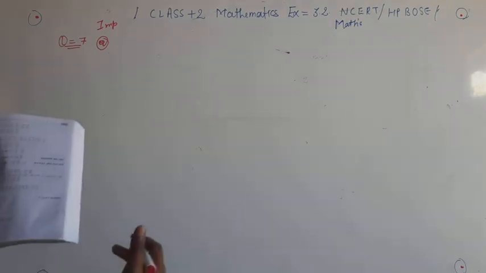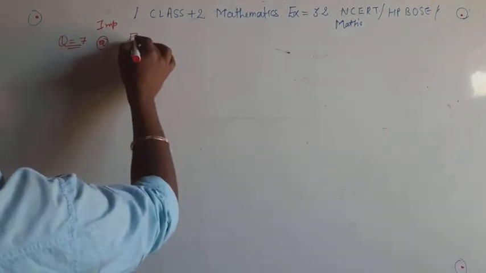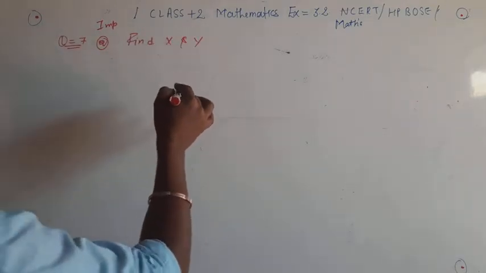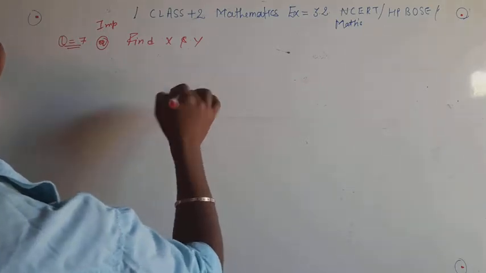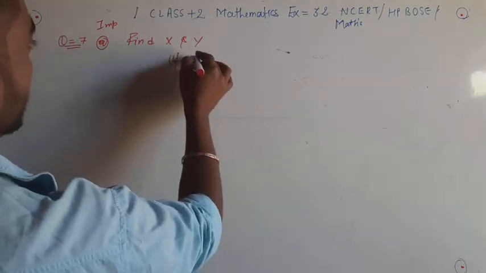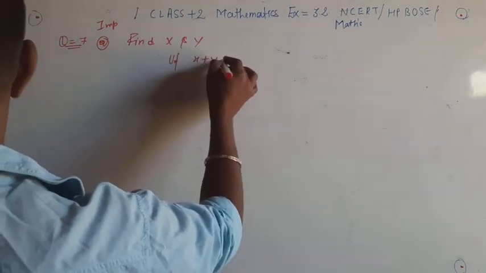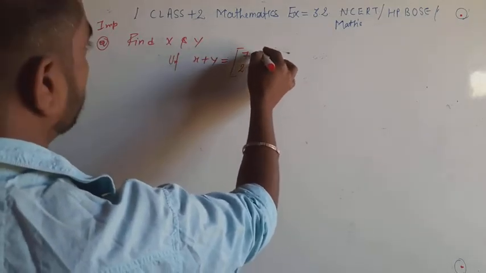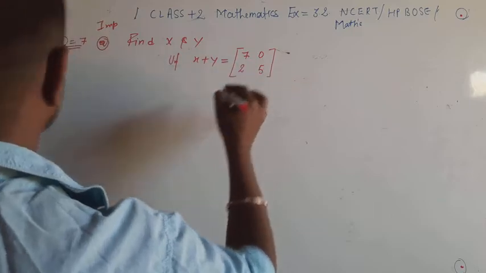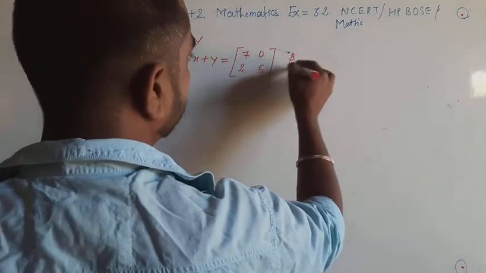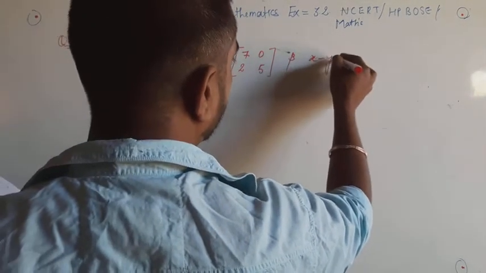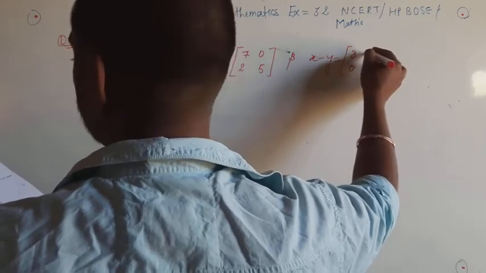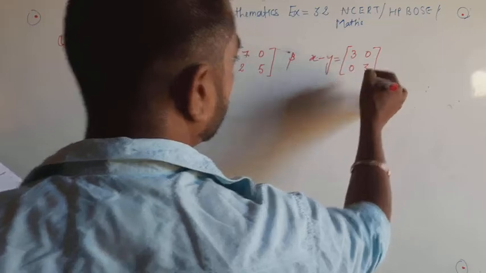Find x and y if x plus y equal to 7025 and x minus y equal to 3003.